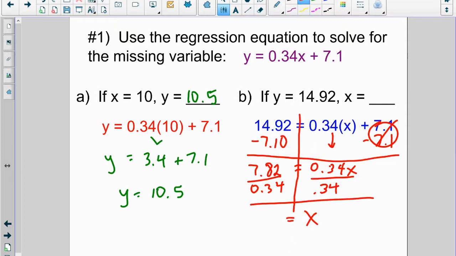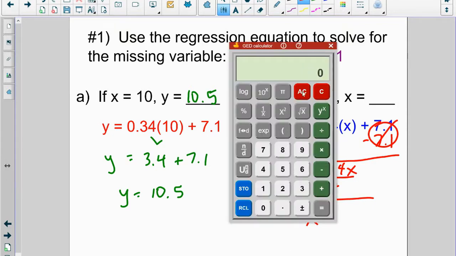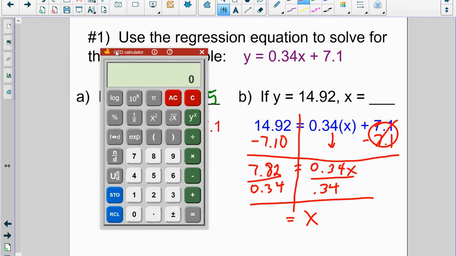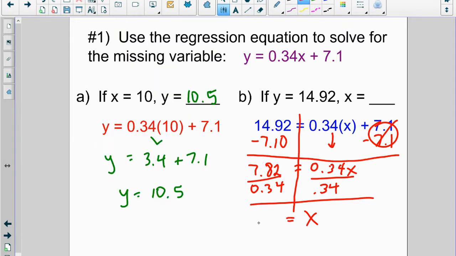And we will get, let's see, I better check on a calculator with this one. Hopefully I can type this correctly this time. 7.82 divided by 0.34 is 23. So if y equals 14.92, we use that value to solve for x, and we got x was 23.